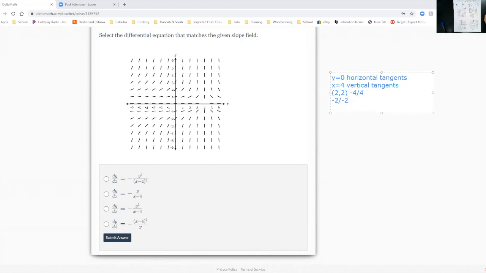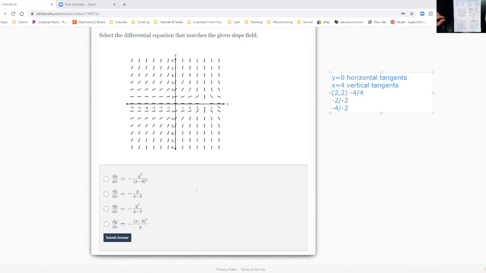Now let's go to this one. How about (2, 2) here? At (2, 2) there, 2 squared is 4, so that'd be negative 4, divided by 2 minus 4, which is negative 2.